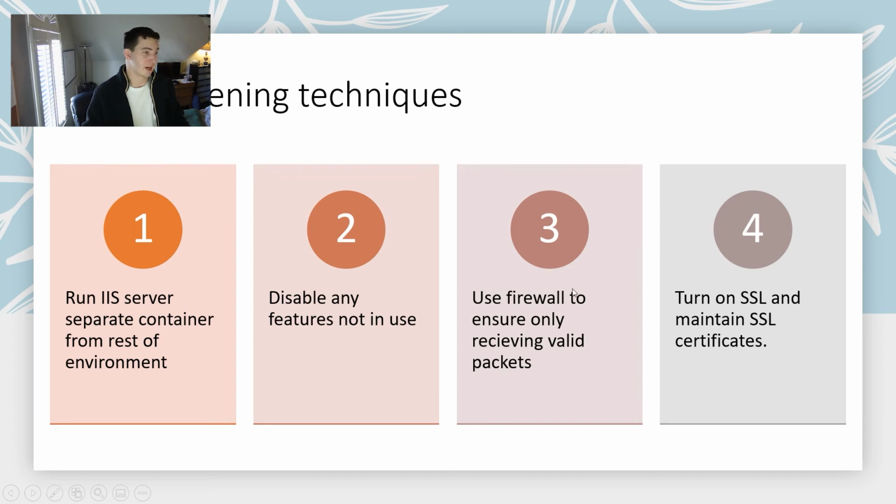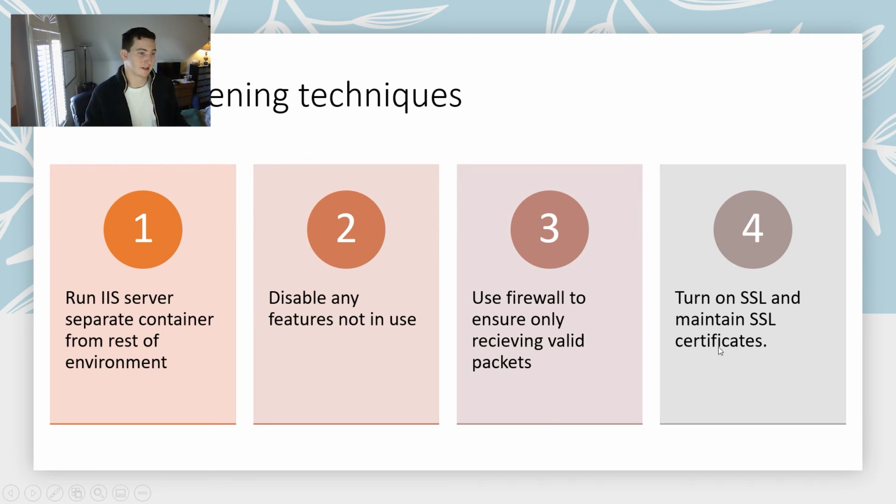Disable any features not in use, which luckily it does for a lot of the IIS features, but there are a bunch of other features on a Windows device that you'd probably want to disable. And use the firewall to ensure that you're only receiving valid packets. If you aren't checking these packets, you won't be able to distinguish when you're getting a DoS attack, or someone's trying to take down your servers by flooding packets with invalid information.